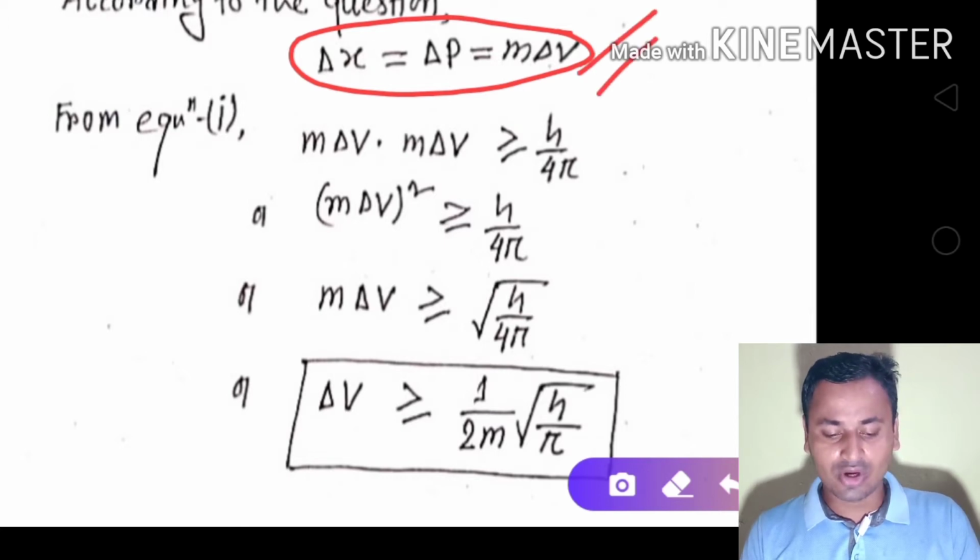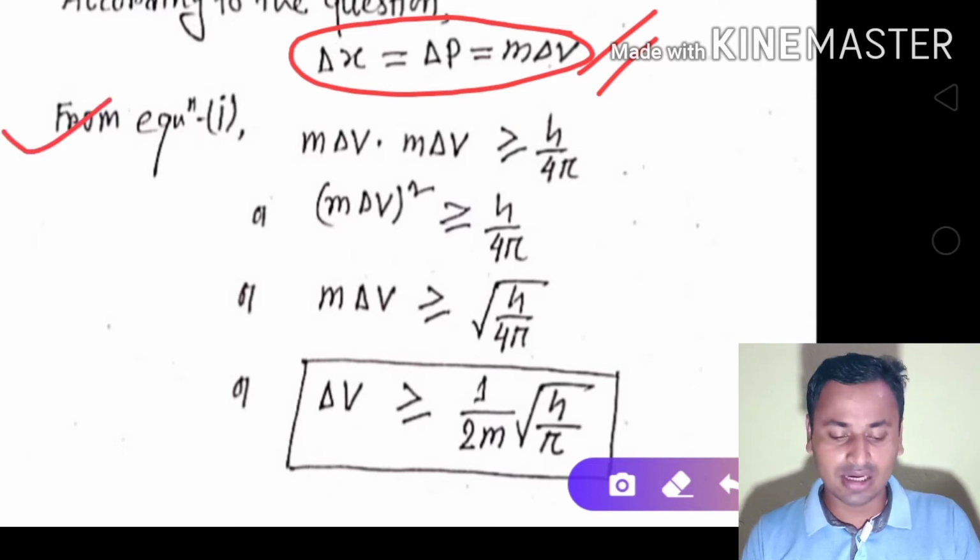So I write del x equals del p equals m del v. Now from equation 1 I put the del x value in this equation: m del v into m del v.